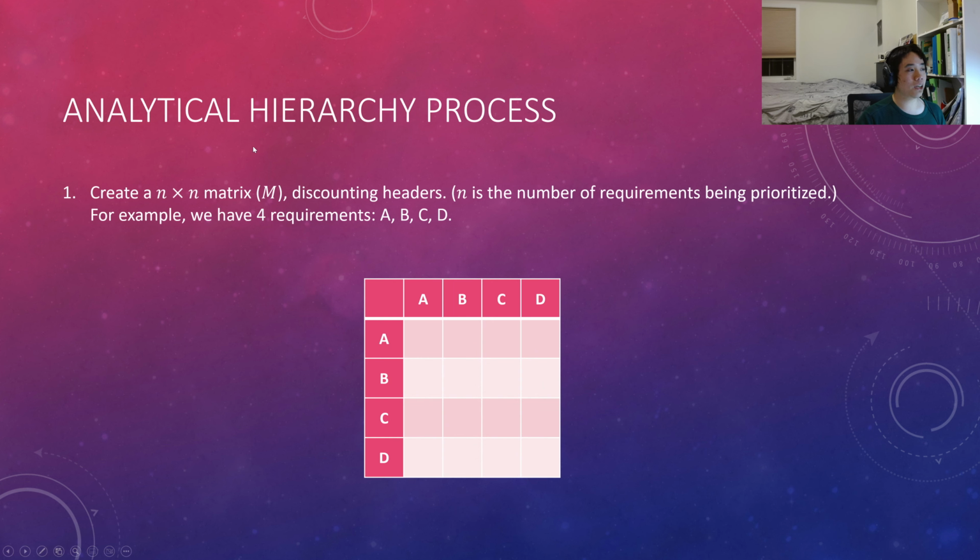Okay, so here's an example of what AHP is. We start by listing out the requirements we're looking at, and we make an n by n matrix based on them, where n is the number of requirements. Let's say we have A, B, C, and D as requirements.